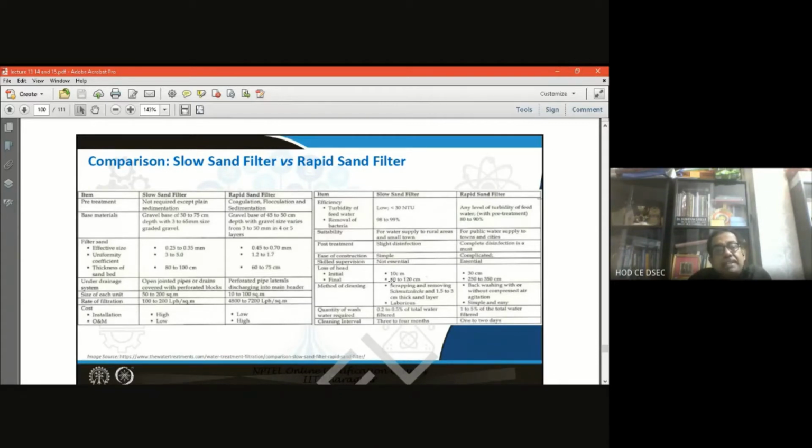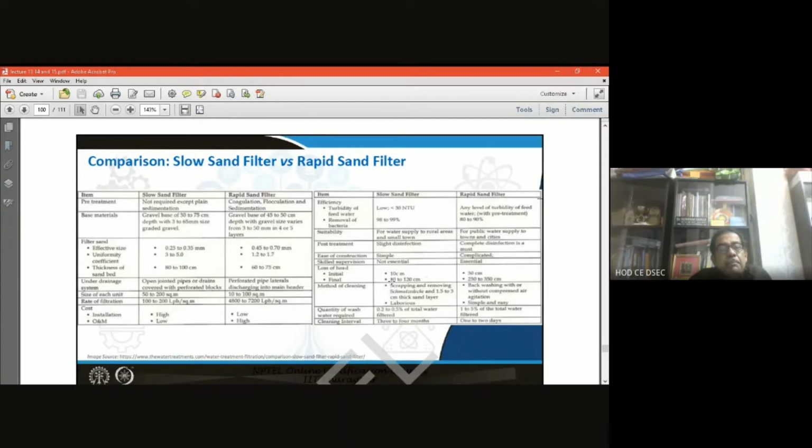But in case of rapid sand filter, coagulation, flocculation as well as sedimentation are required as pre-treatment. Coagulation and flocculation are not mandatory in case of slow sand filter. So this is the pre-treatment required for slow sand and rapid sand, and that creates one difference between these two filters.